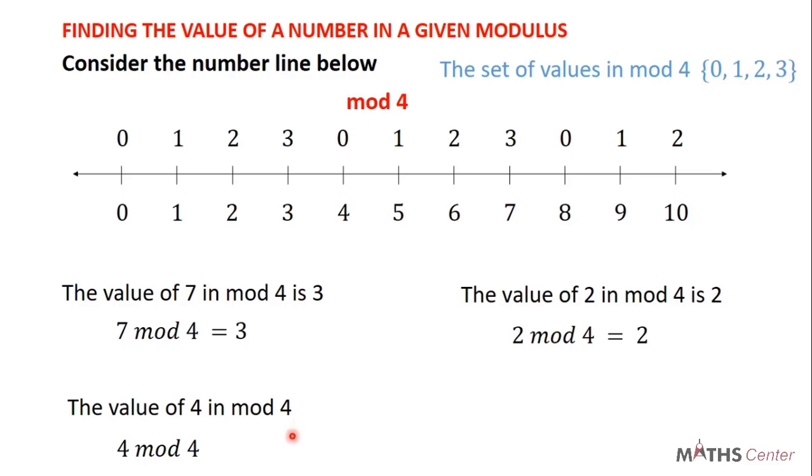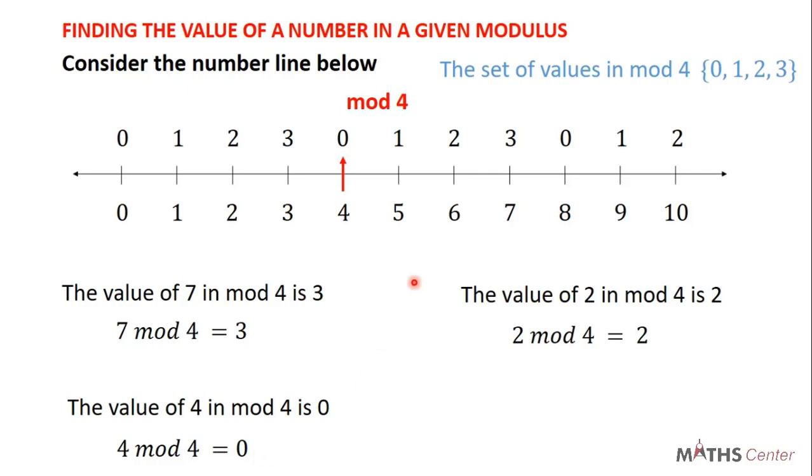To find the value of 4 in mode 4, we look for the number that corresponds to 4 in mode 4. From our number line, the number that corresponds to 4 in mode 4 is 0. So the value of 4 in mode 4 is 0. This means that 4 mode 4 is 0.